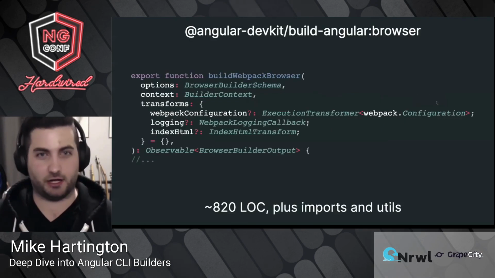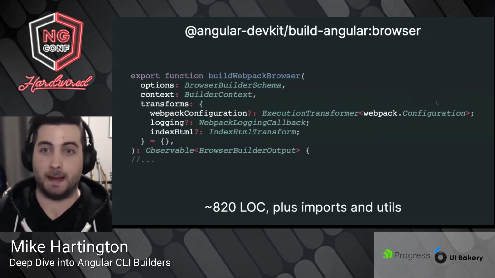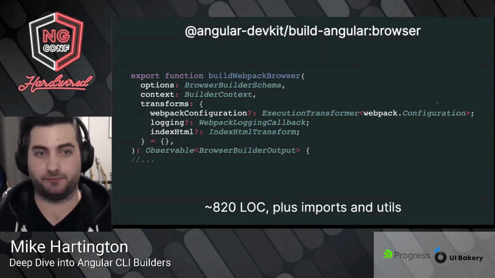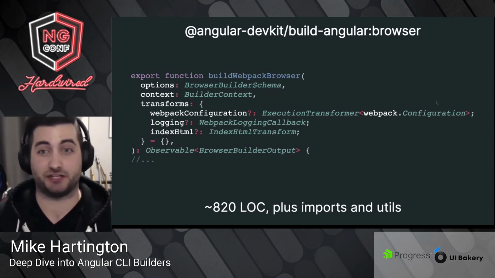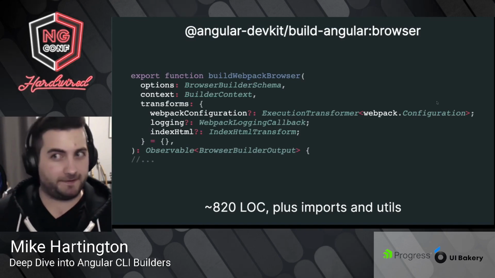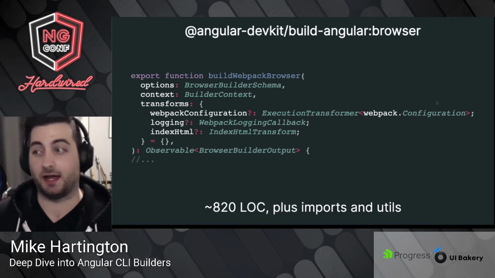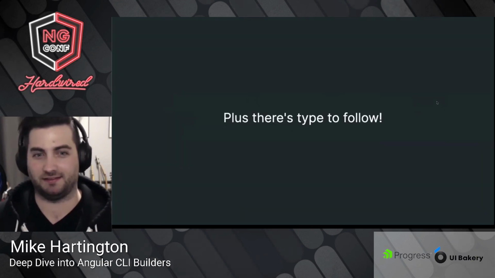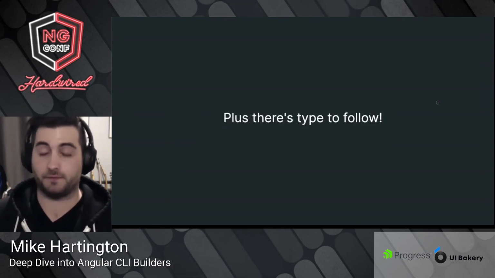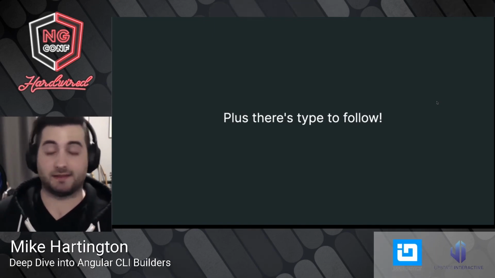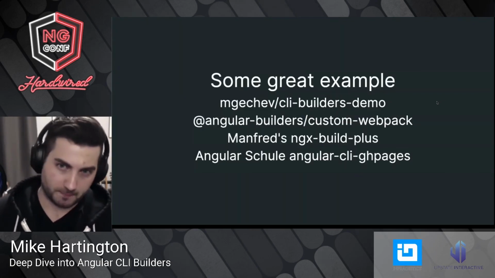So I highly suggest, look at the actual browser builder from Angular DevKit build-angular. It's roughly 820 lines of code, and that includes imports and utilities, and the most important thing about this is that there are types to follow. So if you get lost or aren't sure what to do, the types will guide you.